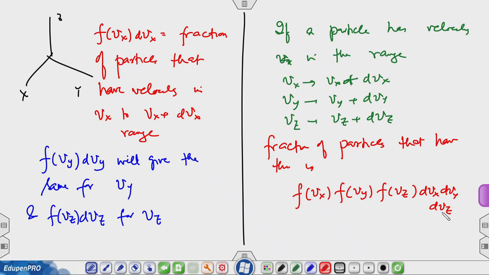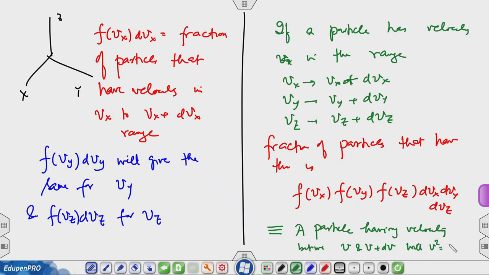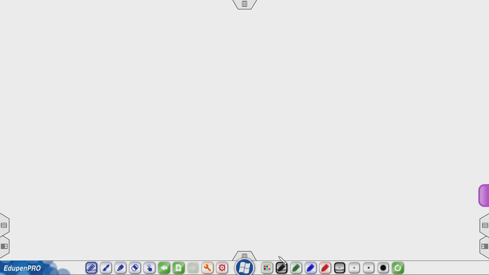Now, this is equivalent to a particle having velocity between v and v plus dv with v square equals vx square plus vy square plus vz square. Let's rewrite this.